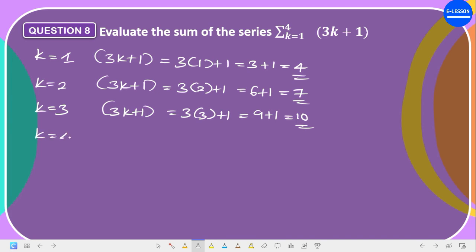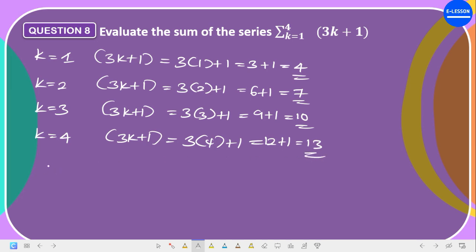And finally, when k is equals to 4, 3k plus 1 is equals to 3 bracket 4 plus 1, and this will give us 3 bracket 4 is 12 plus 1. We have 12 plus 1, and that is 13.